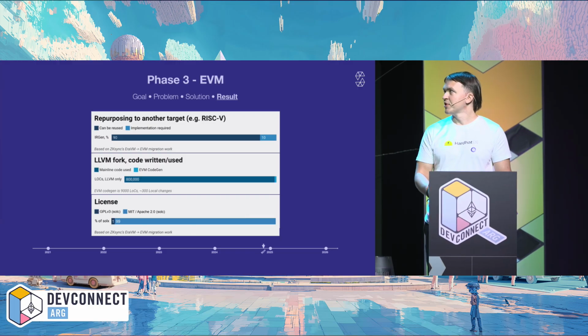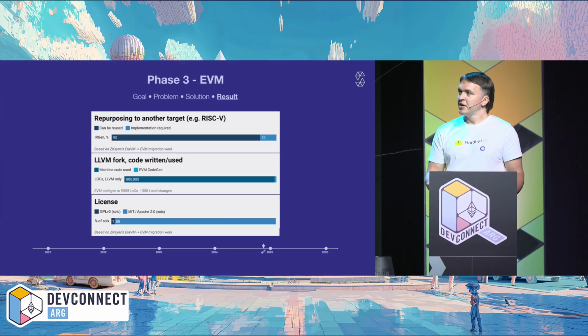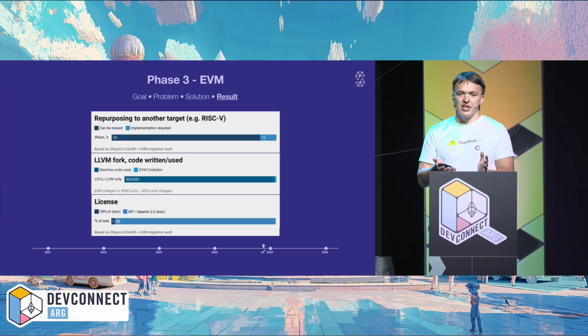On the first infographics, you can see that the target-independent nature of LLVM-IR allows you to have your front end as generic as possible, and you can basically reuse 90% of the LLVM area lowering from ZK Sync VM to EVM to RISC-V and all the other targets. And that's what we wanted to do.